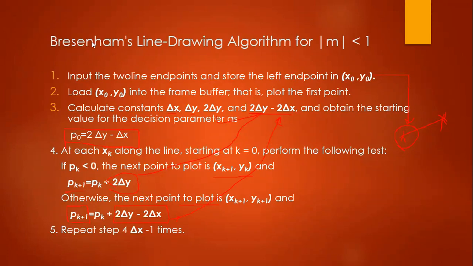So the only value that is going to change is the pk value, and you keep doing the calculations. Repeat step number 4 until delta x minus 1 times. So this is about Bresenham's algorithm.